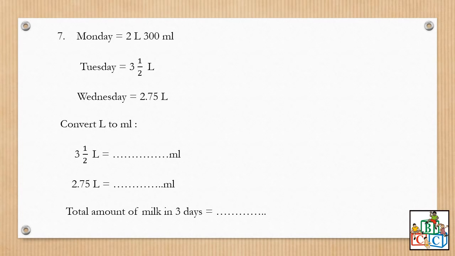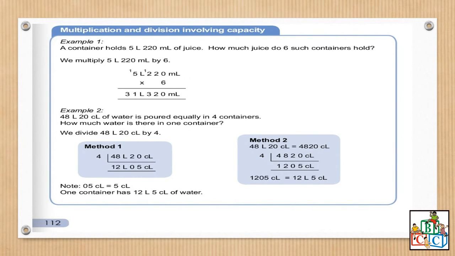Now we are going to move on with multiplication and division involving capacity. Let us see some examples. Okay, for multiplication and division, let us read the example. A container holds 5 liters 220 milliliters of juice.